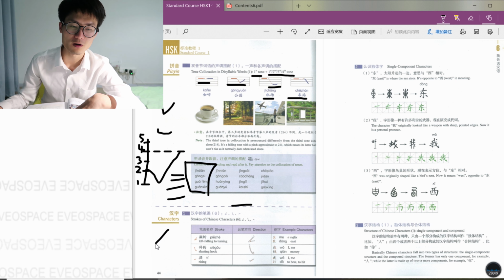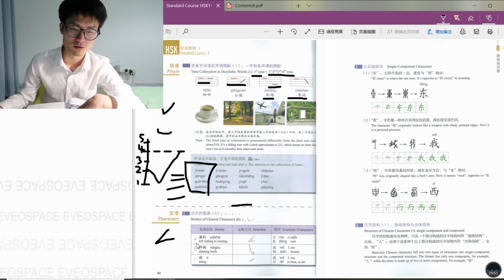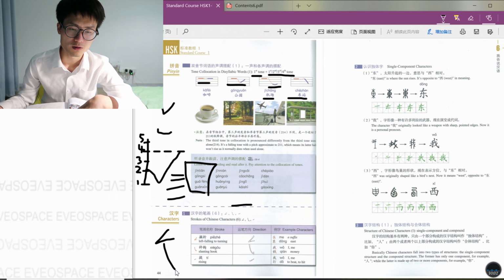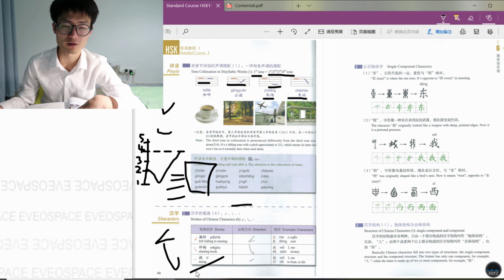Okay, I don't know how they name it, but it's like this. Okay, and then you have this slanting hook. Okay, and then you have this rising, okay? It's from the left to the right, okay?